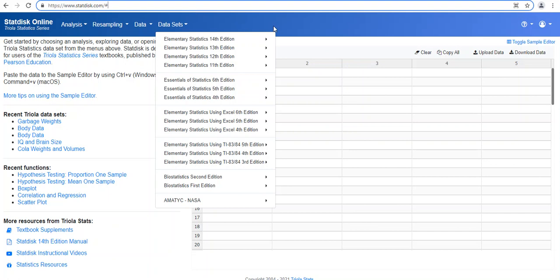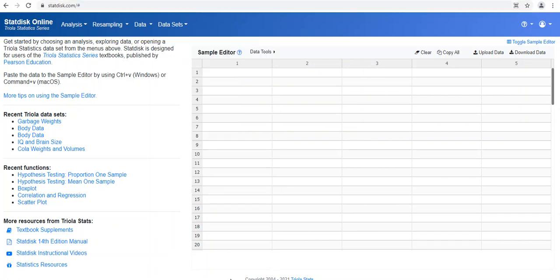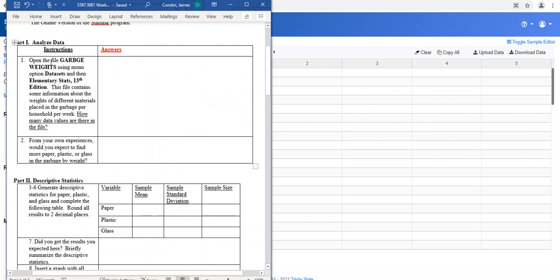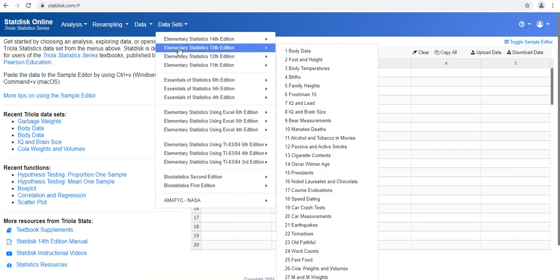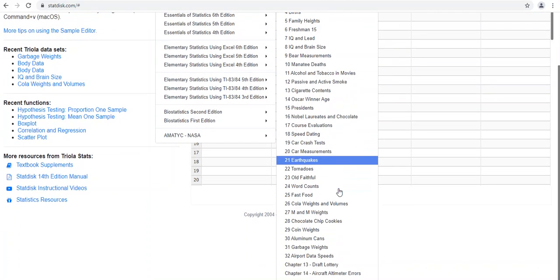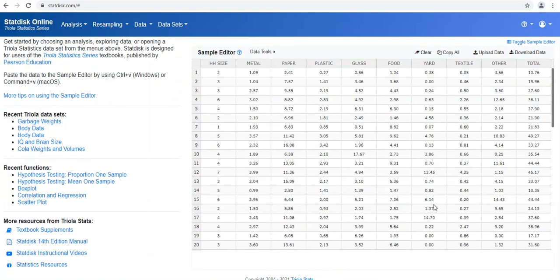We're going to get the garbage weights, so we go into data sets, elementary stats, the 13th edition, and then garbage weights. There we go. It puts a bunch of data in here for us, and we're going to use that to create some confidence intervals and do some hypothesis tests.